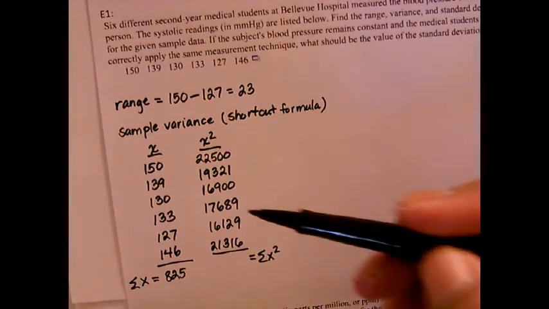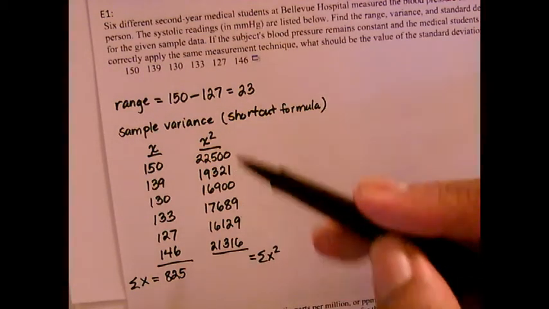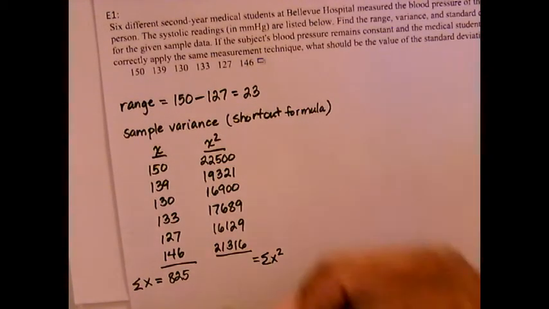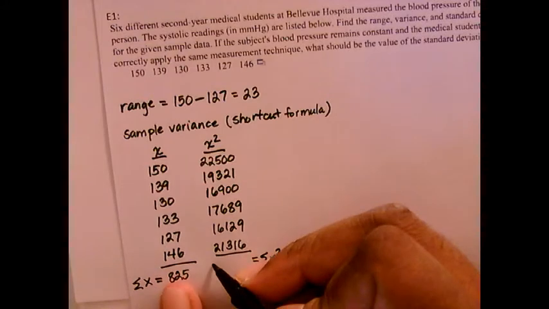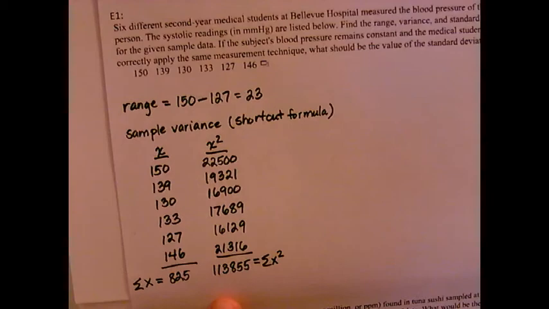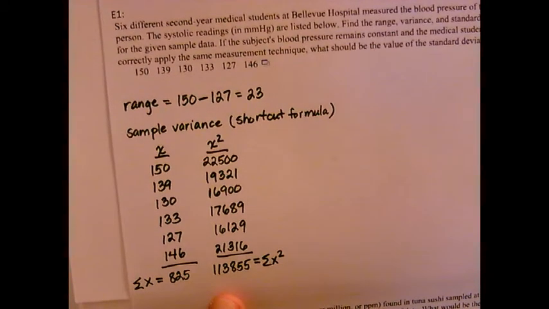Now I'm going to take the sum of the x squares. That's this column right here. That's the summation of your x squares. So if I add 22,500 to 19,321 to 16,900 to 17,689 to 16,129 to 21,316, I'm going to end up with 113,855. That represents the sum of all your x squares.